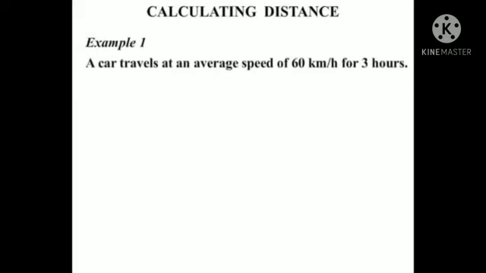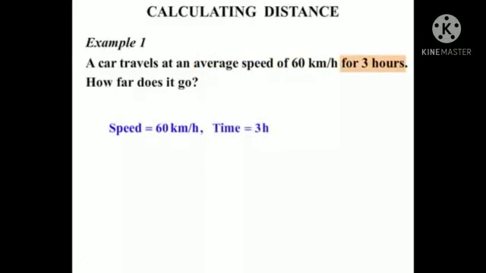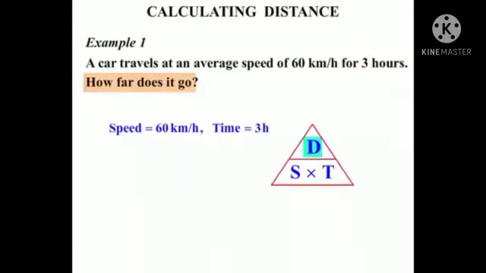Example 1. A car travels at an average speed of 60 km per hour for 3 hours. How far does it go? Write the given information first. Speed is given and time is given. How far does it go? Far means distance.